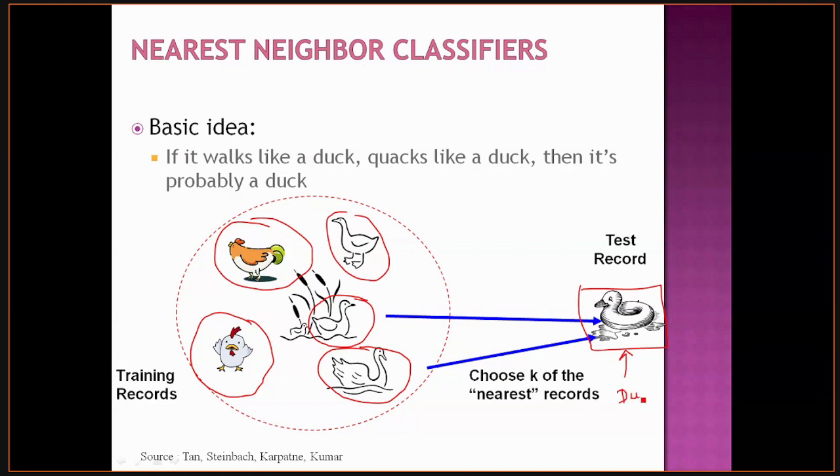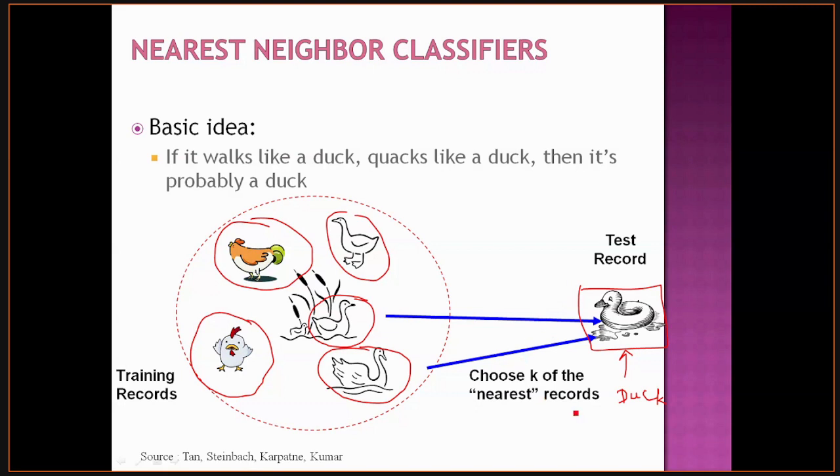Again, just to repeat, there are a few training records, and the training records might be of a duck or might be of some other bird, a hen or chicken or whatever. And when I try to identify the label of a test record, I just compare individually with each of the elements of the training records and try to see how close or how similar I am with each of them.